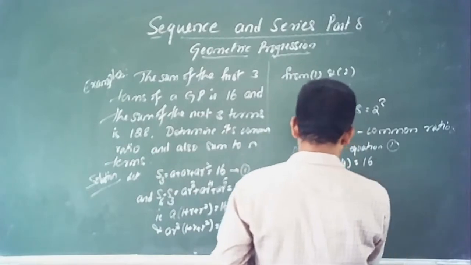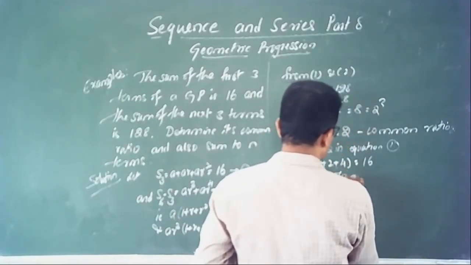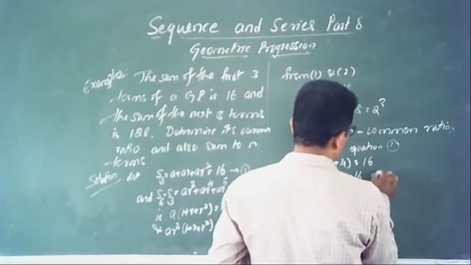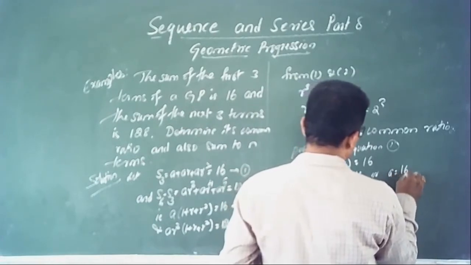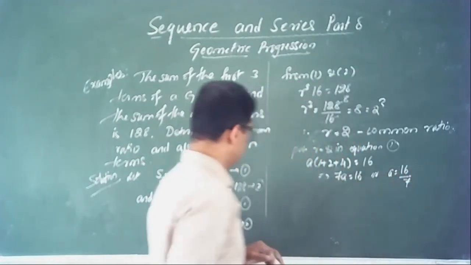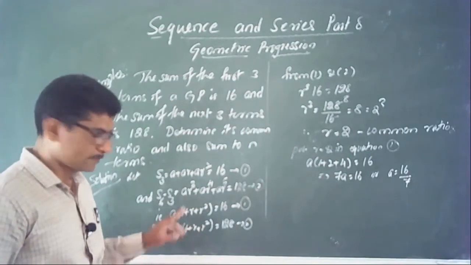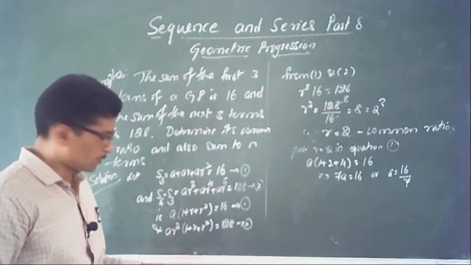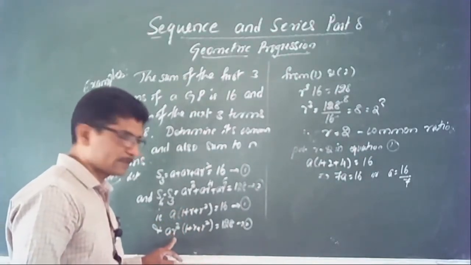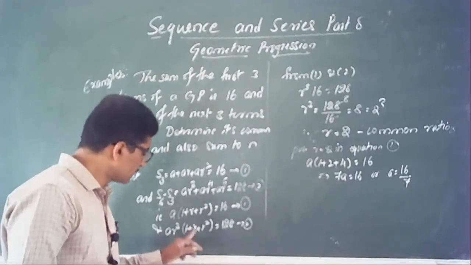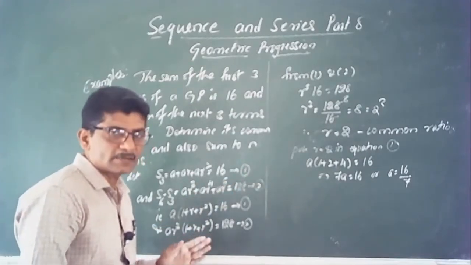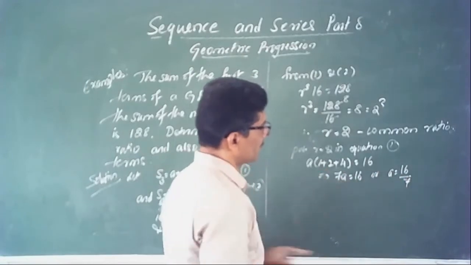Therefore, it implies 7 times a is equal to 16, or a is equal to 16 divided by 7. Or here also, if you put the value of r, you get the same terms. a is equal to 16 divided by 7.